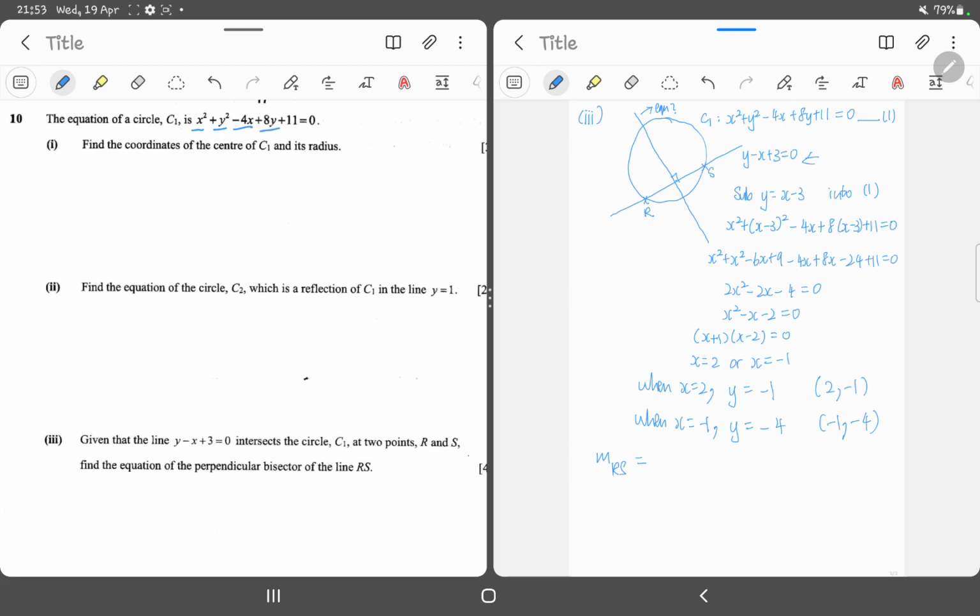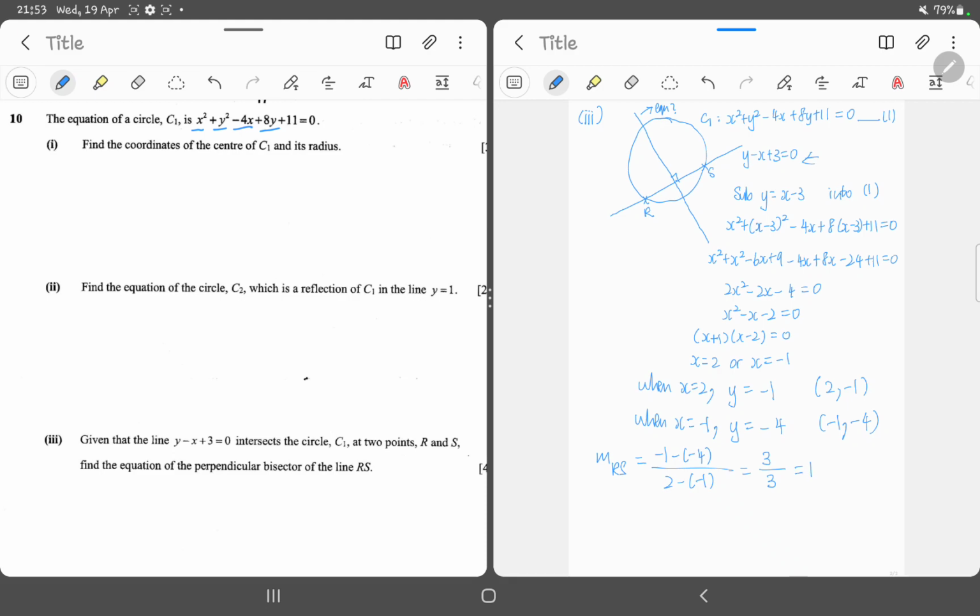So this will be actually equals to minus 1 minus minus 4 over 2 minus minus 1. So this gives us 3 over 3, which is equals to 1.